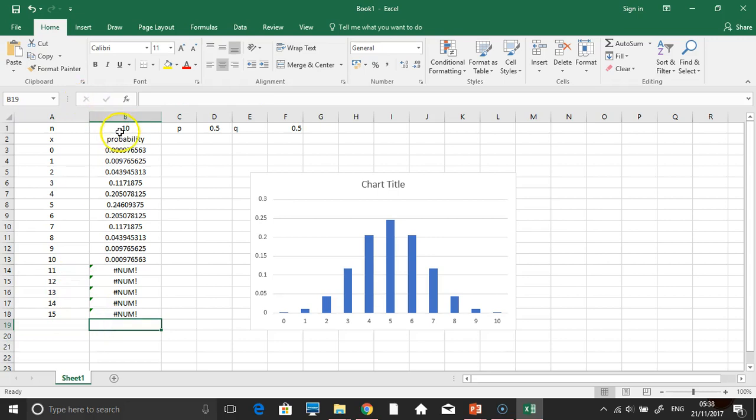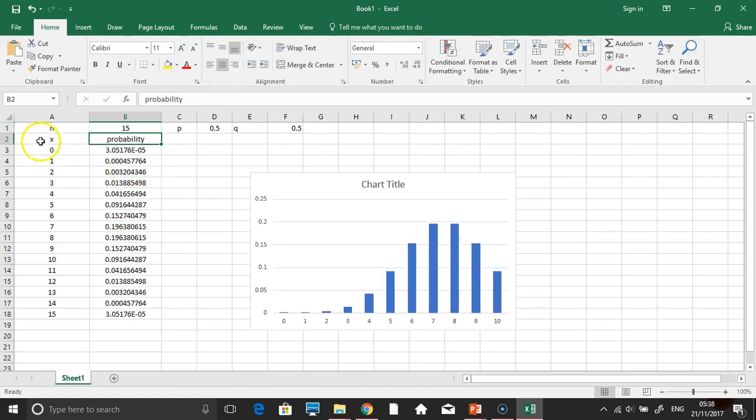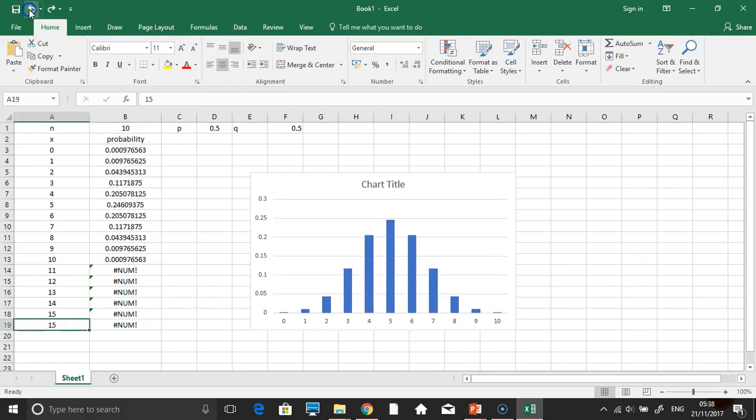Let me change that to 15. Oh no, I can't because my graph won't let me. Okay, I'll stop at 10.